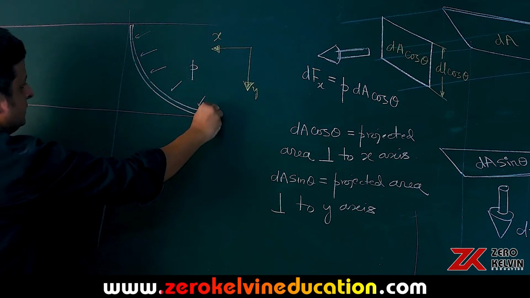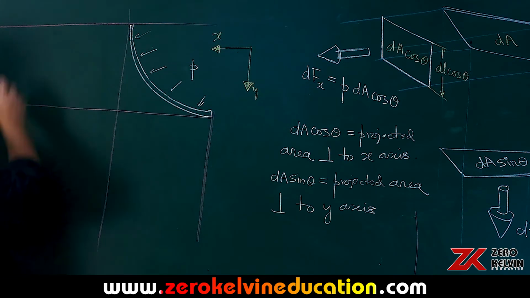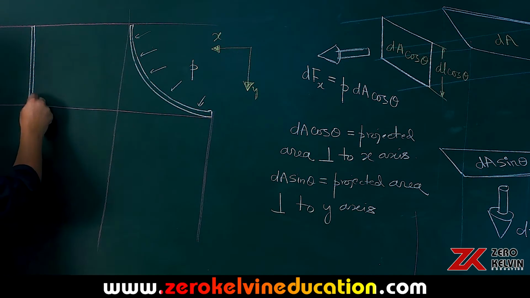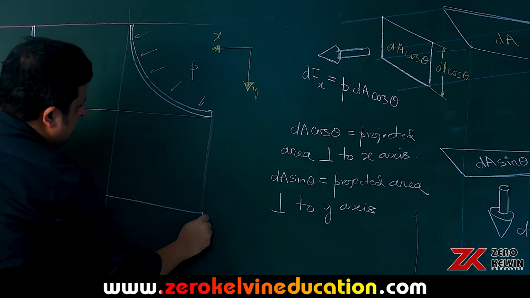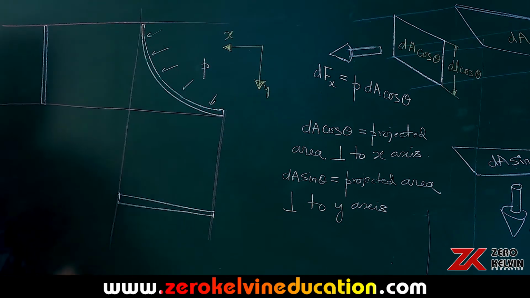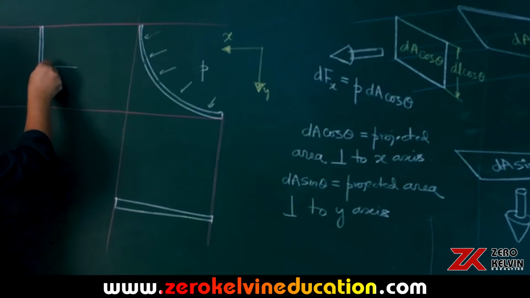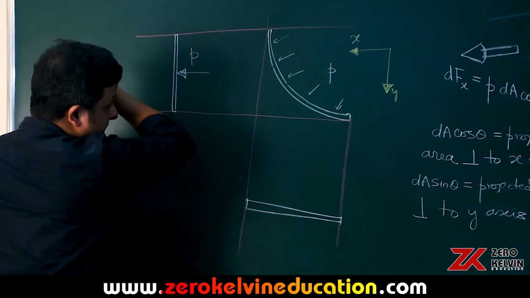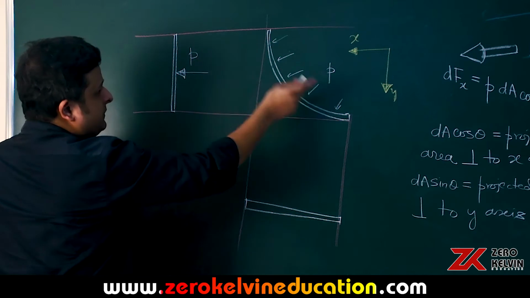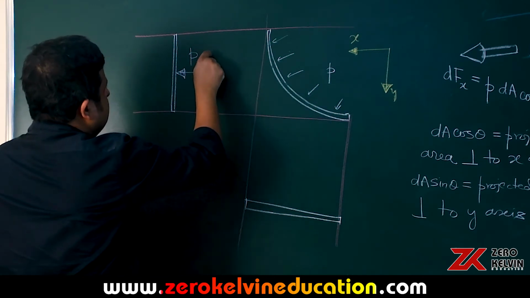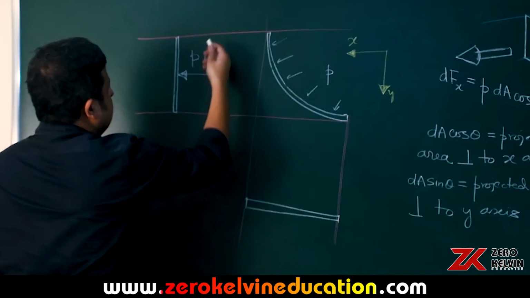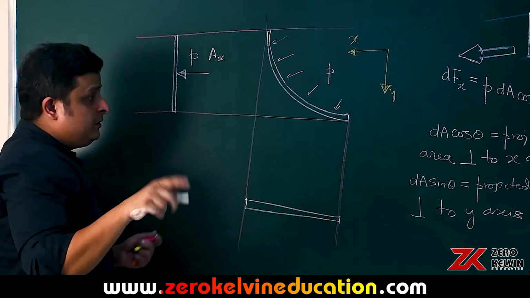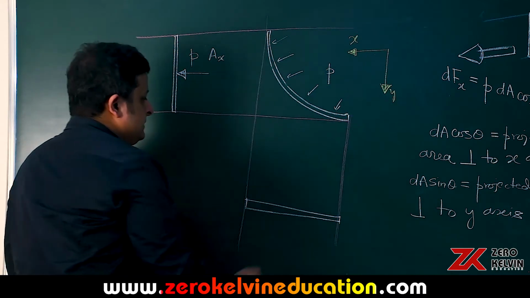So what you will get is, here also, projection of this area is a plane surface. Here also, it's a plane surface. So the force, remember, uniform pressure, so that is P multiplied by the projection of the area, say, not dA, so it's AX. Later on we will let you know what AX is.